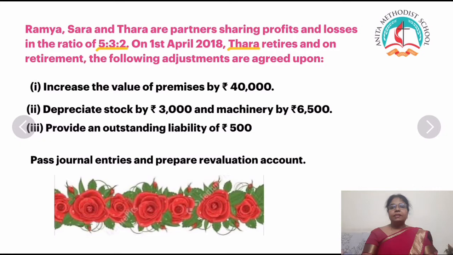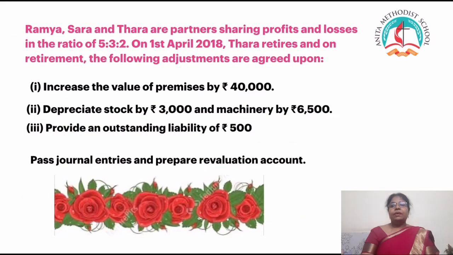The adjustments are as follows: increase in the value of premises by rupees 40,000, depreciate stock by rupees 3,000 and machinery by rupees 6,500. Provide an outstanding liability of rupees 500. Pass journal entries and prepare revaluation account.